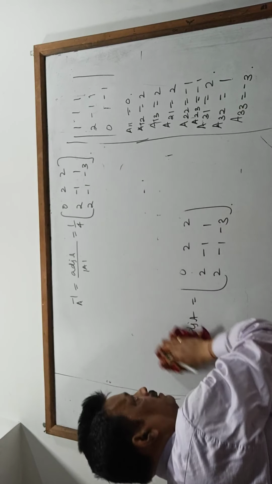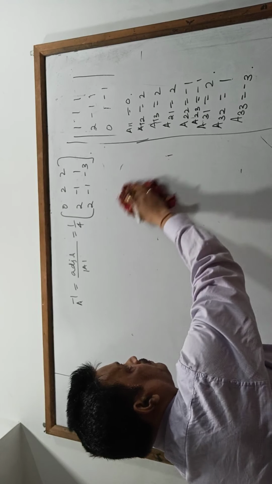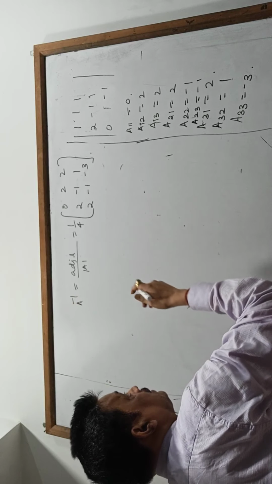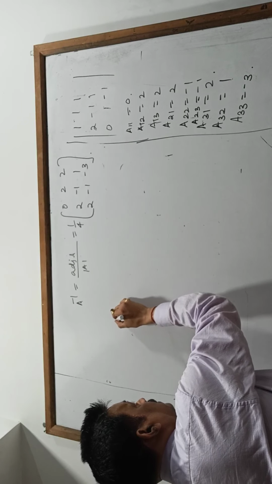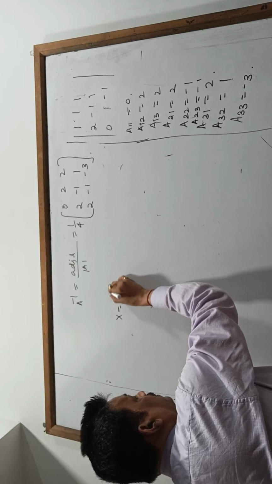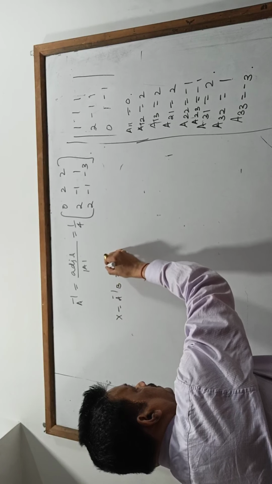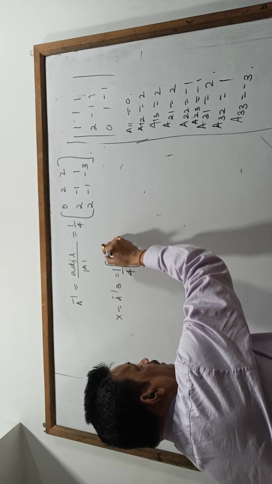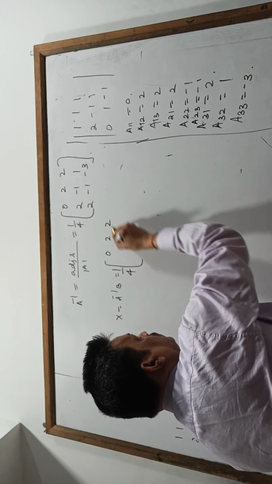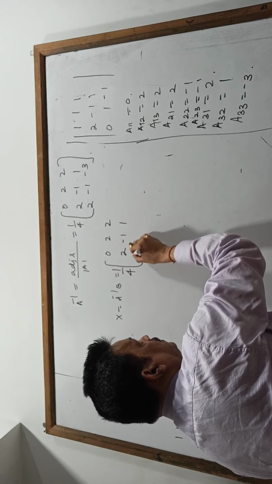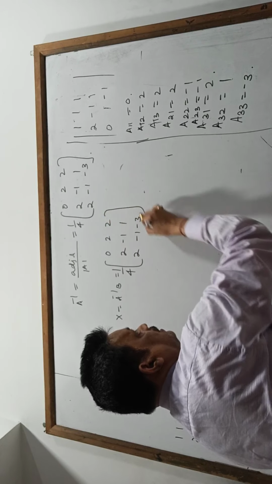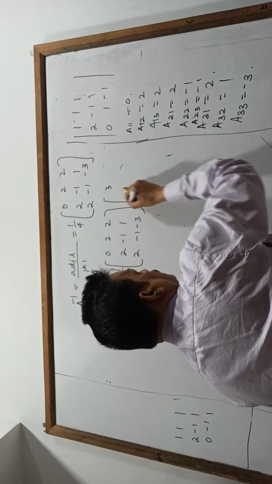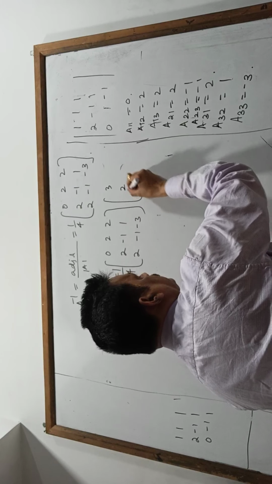Okay. Then what was B? X is A inverse B. That was 1 upon 4, matrix 0 2 2, 2 minus 1 1, 2 minus 1 minus 3, times B. B was 3, 2, 0.